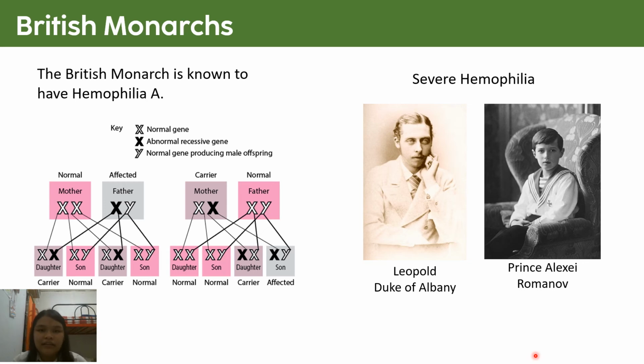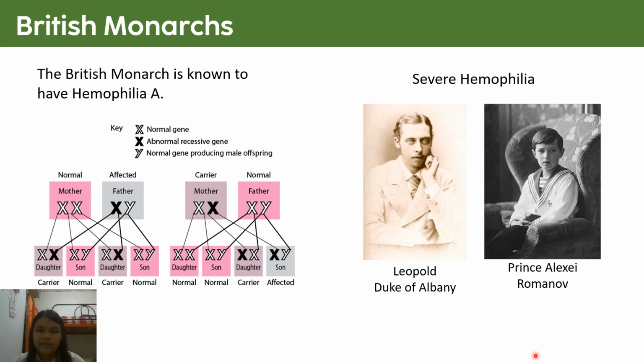And the second example is Prince Alexei Romanov, who is the great-grandson of Queen Victoria. His parents did not practice inbreeding because his mother was from the British monarch family, while his father is from the Tsar, Russia. But because the British monarch has practiced inbreeding for a long time, he still has hemophilia.